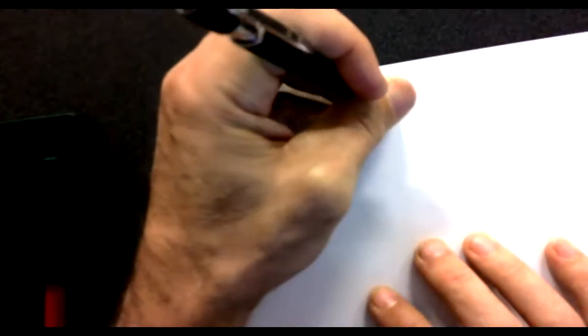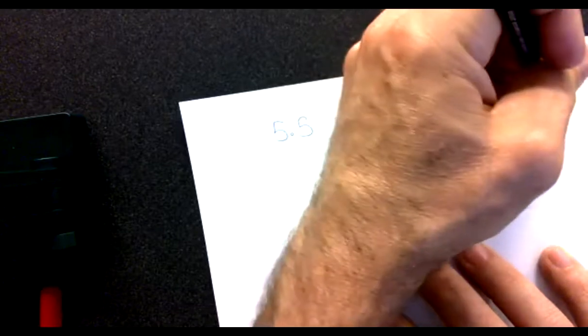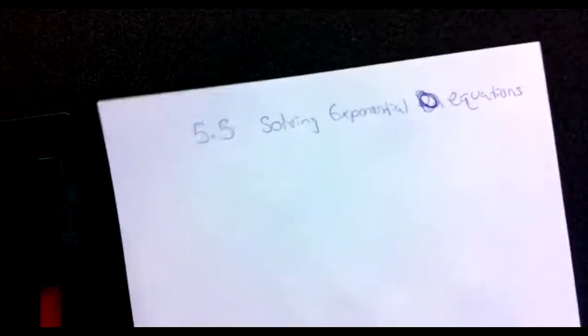Now, 5.5 to me is basically the meat and potatoes of this chapter. This is what this chapter is all about. 5.5 is solving exponential equations.